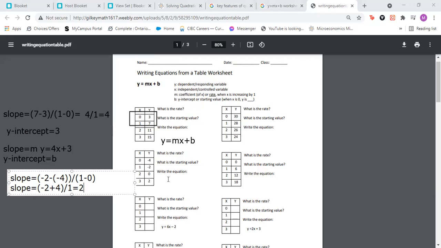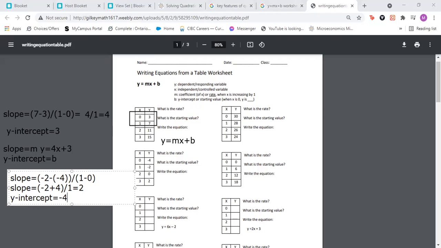And then what's the y-intercept here? -4. Yeah, exactly. So -4 is the y-intercept. So what would the equation be?